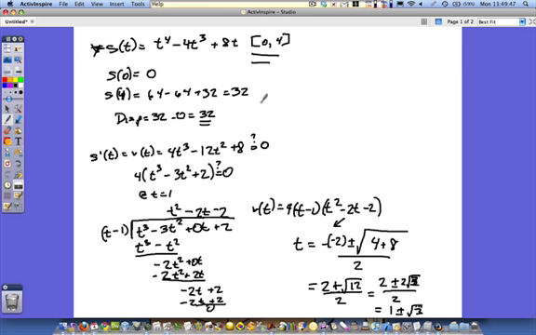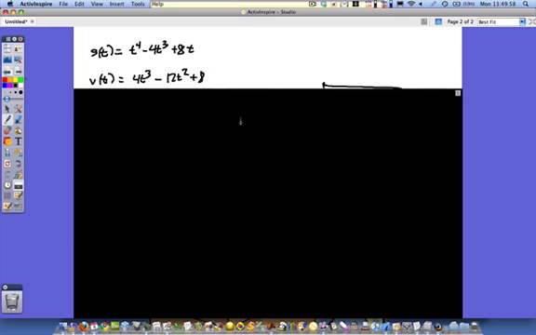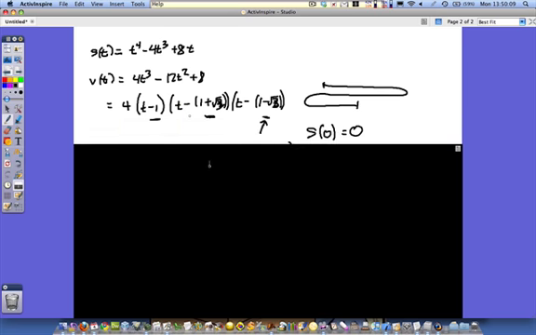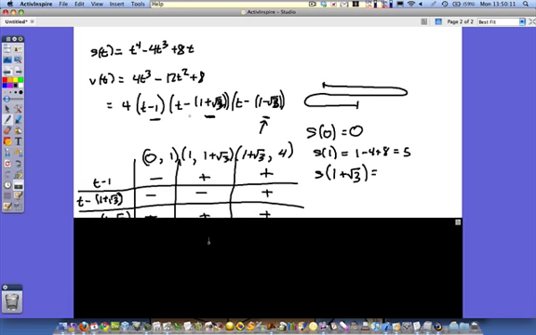I need to figure out and verify first that these are minimums and maximums of the particle, so I can make a sign chart to do that. I'm going to go ahead and just rewrite the function and its derivative up there, and this is the factored derivative, and so from here I can figure out the sign chart.